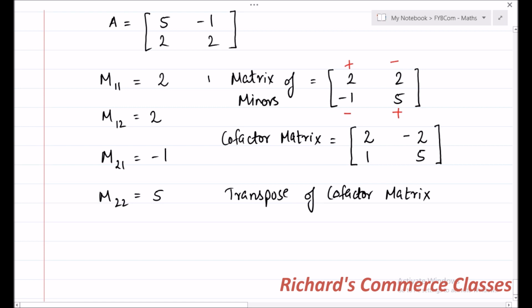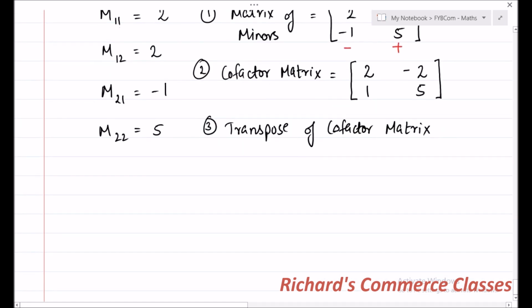So if you see, this was our step 1, cofactor is step 2, transpose is step 3. Remember, transpose is converting the rows into columns. So if I have to convert the rows into columns, the first row converted into a column will be 2, minus 2, and the next one will be 1, 5.